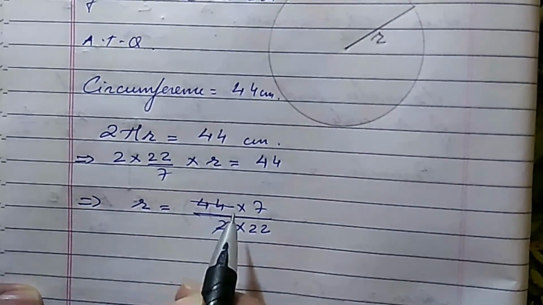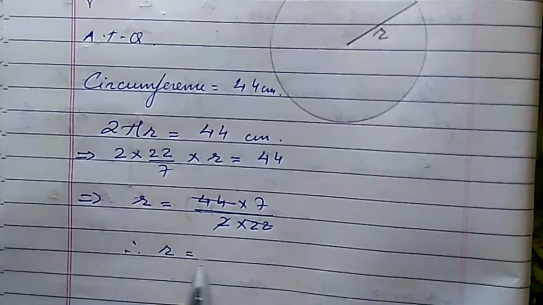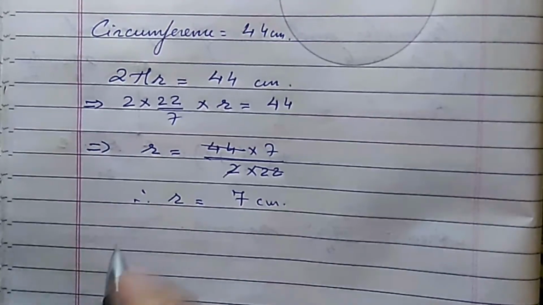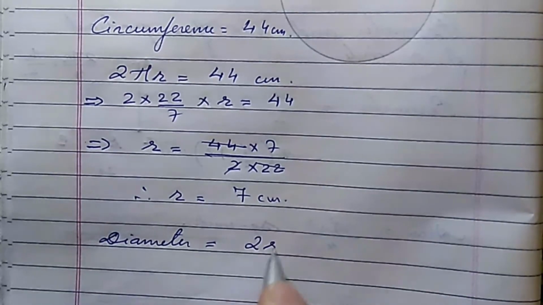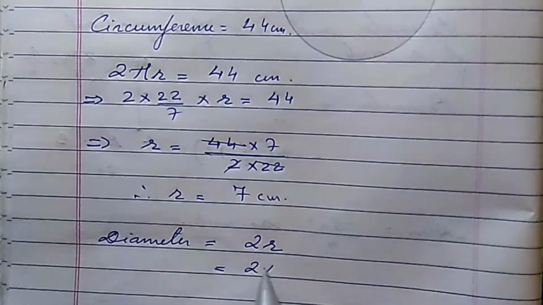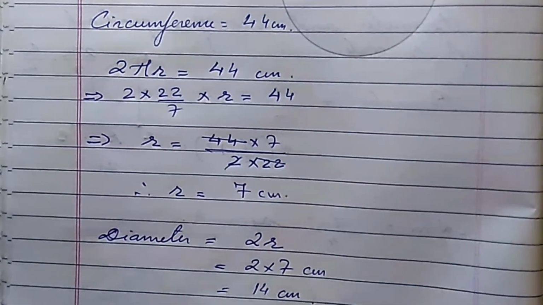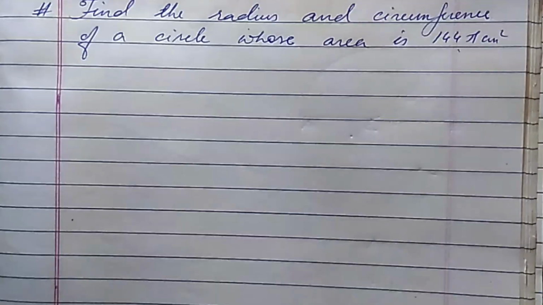Now 44 and 22 can be cancelled. Therefore, radius is equal to 7 centimeter. Now if radius is 7 centimeter, then what is the diameter? Diameter is twice the radius, that is 2 into 7 centimeter, that's 14 centimeter. So we found out the diameter of the circle to be 14 centimeter.